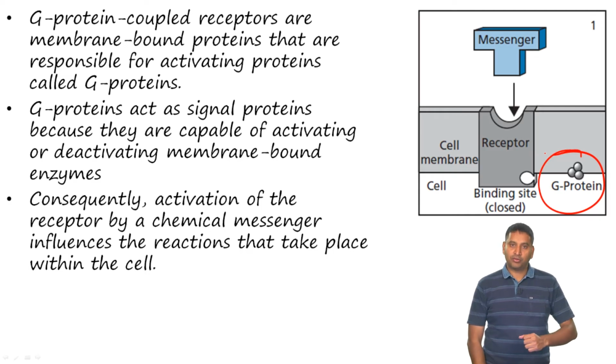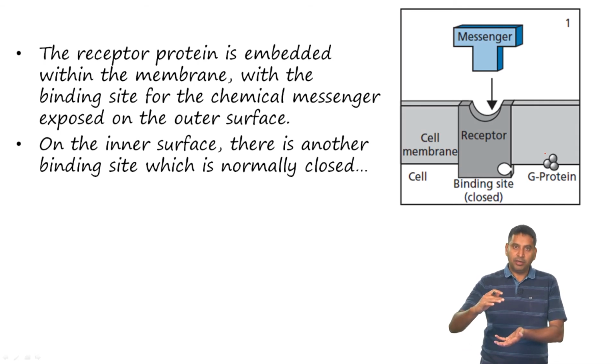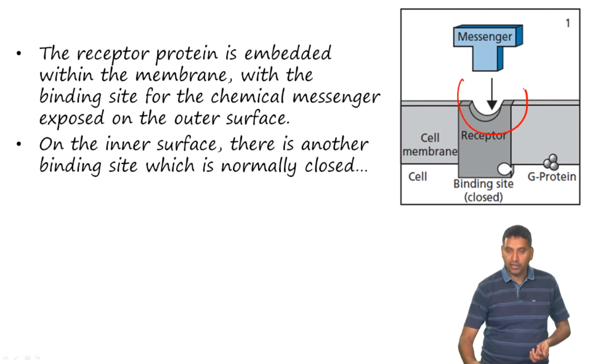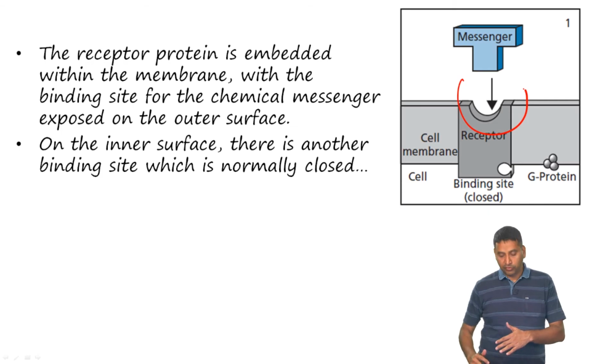So, let us look at this process now. What happens initially is that the receptor is embedded within the membrane and it has a binding site. Now, on the inner surface there is another binding site which is normally closed.